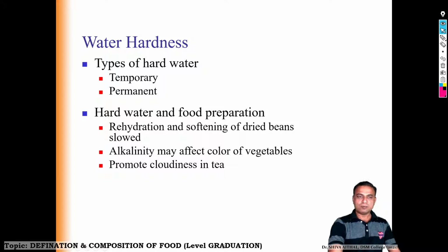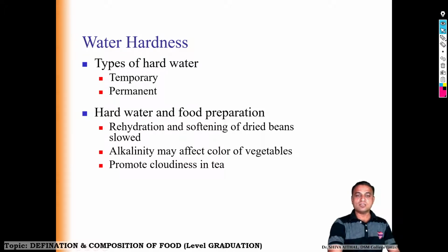Hard water and food preparation, if you see, it has a certain significance in food preservation. Temporary hard water and permanent hard water, these are the two sources. If you see the groundwater, it is hard, but the RO water or the mineral waters, they are sort of soft waters. The hard water and food preparation, as I say, have a significant correlation.